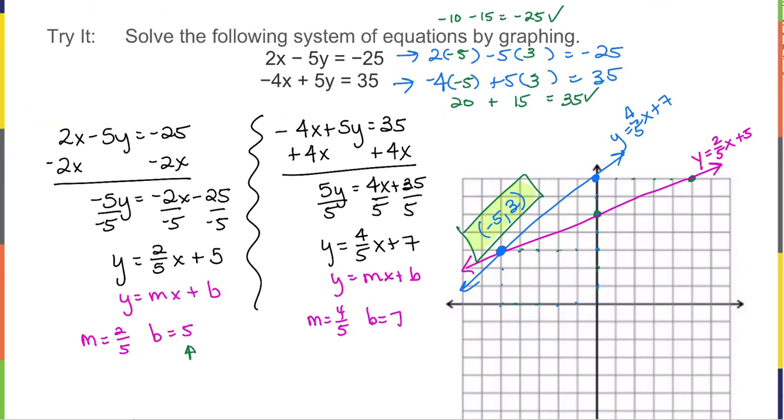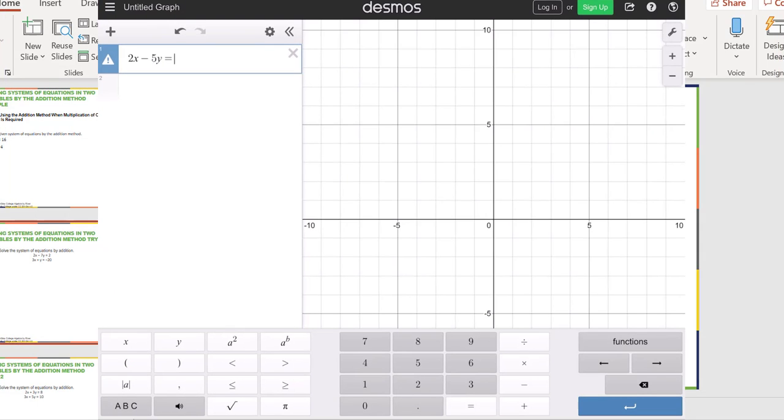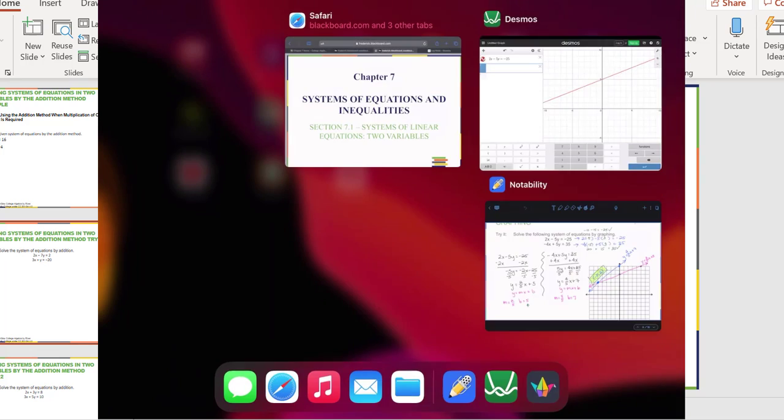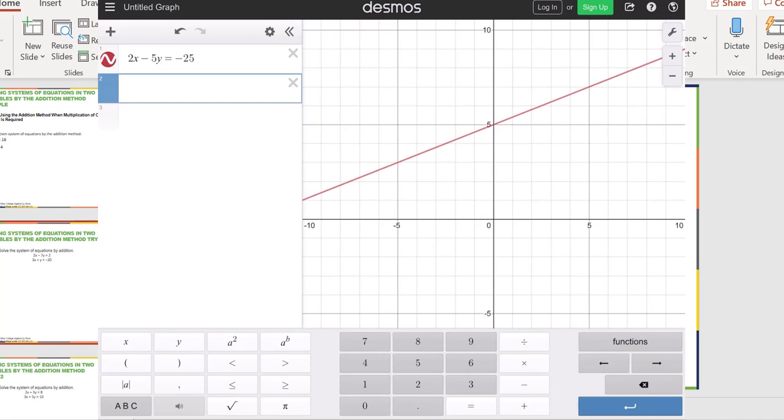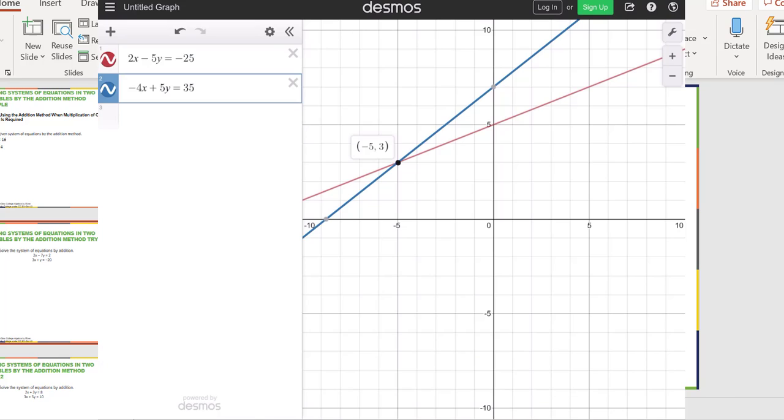Okay, and you can see that's graphed. Then you can go, the second graph was negative 4x plus 5y equals 35. And you can see they cross there at negative 5, up 3. So this is a much quicker way to do it than trying to graph it by hand.